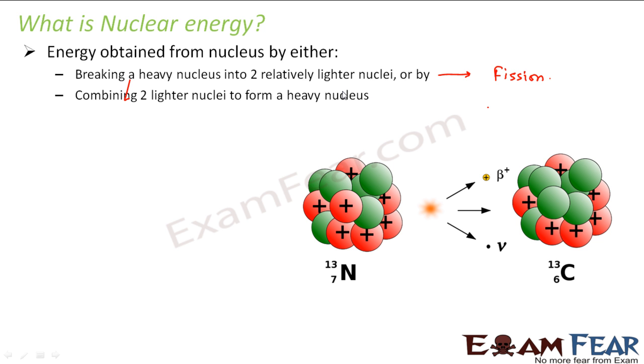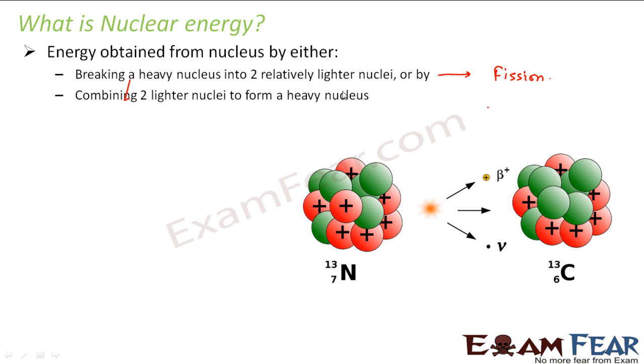And the other one is the scenario where the mass number is very small. In that case also we saw that the value of binding energy was very small. When your binding energy is less, that means you need a smaller amount of energy to separate the nucleons from each other. That means the nucleus is relatively less stable. So there also, in order to become a little more stable, the lighter nuclei combine with each other to form a heavier nucleus.